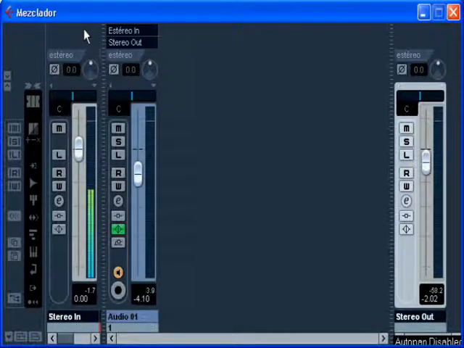Another type of distortion we can get is digital distortion. This is when you overload a digital stage. This can be in the middle of the process.